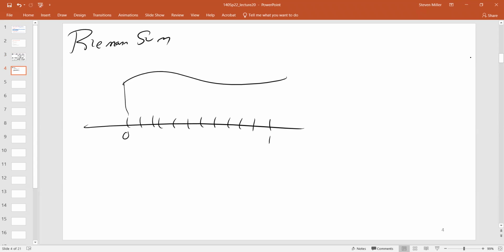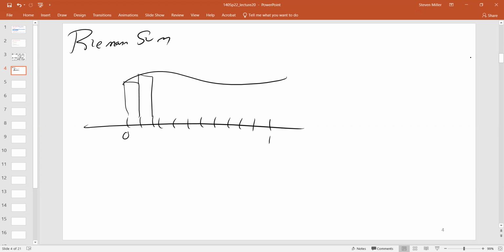And then in each one of these, maybe I'll just do the left endpoint. We find the areas of the boxes, and we use that to estimate the area under the curve. And in the limit, as the thickness goes to 0, it's going to converge to the area under the curve.